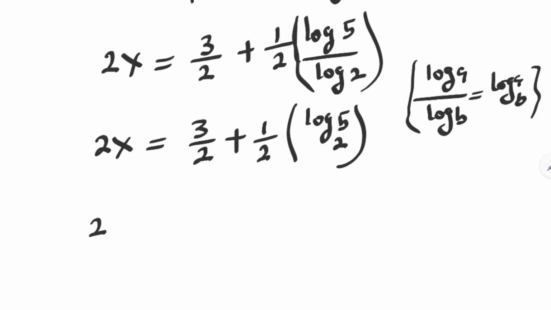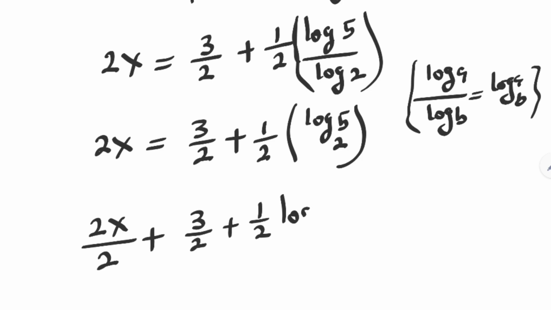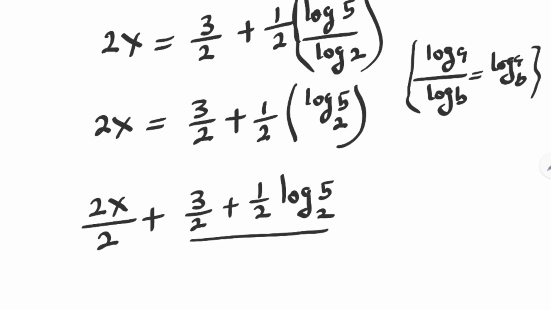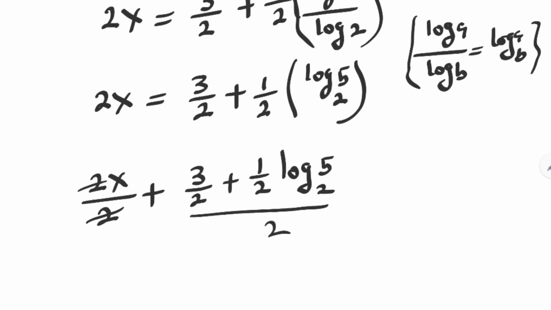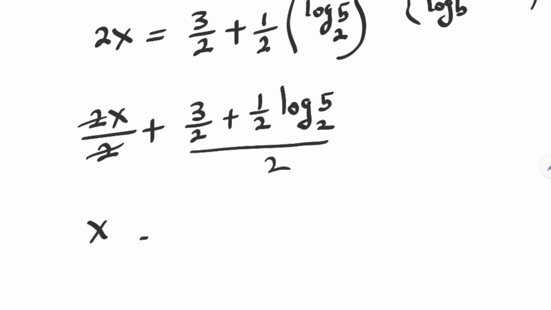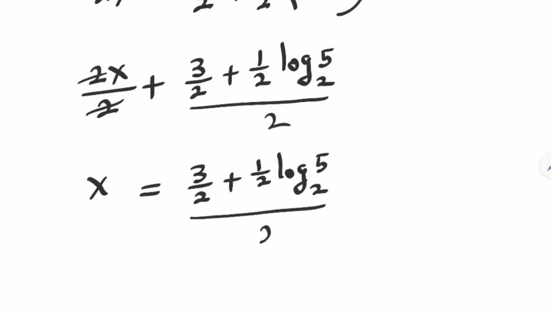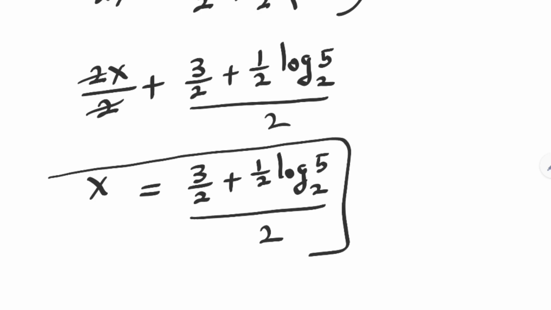And this is 2x equal to 3 divided by 2 plus 1 divided by 2 log 5 base 2. Then everything divided by 2. This cancels this. x is equal to 3 divided by 2 plus 1 divided by 2 log 5 base 2. Then everything divided by 2. This is the final answer.